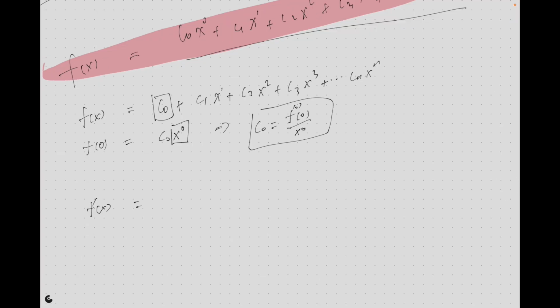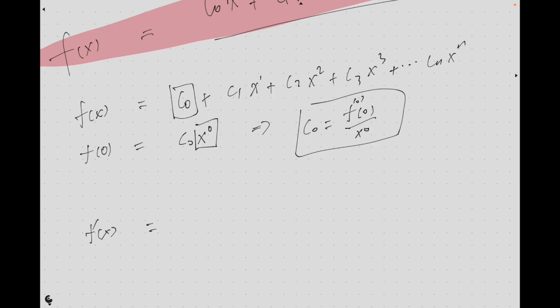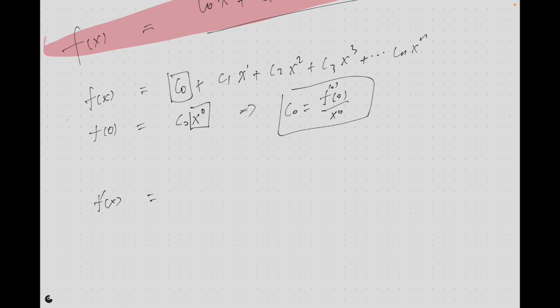Now we have already found that c0 equals this expression. Now we're trying to figure out what c1 is. In order to figure out c1, we have to make this x to the 1 become x to the 0. In order to make that x to the 0, we have to take the derivative of the polynomial, because we know that the derivative of x to the n is n times x raised to the power of n minus 1.